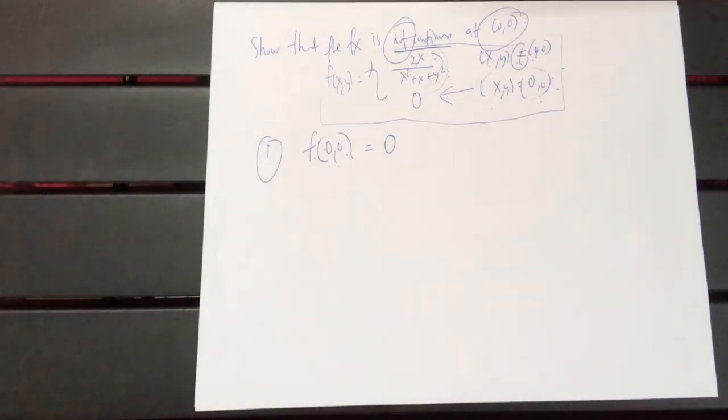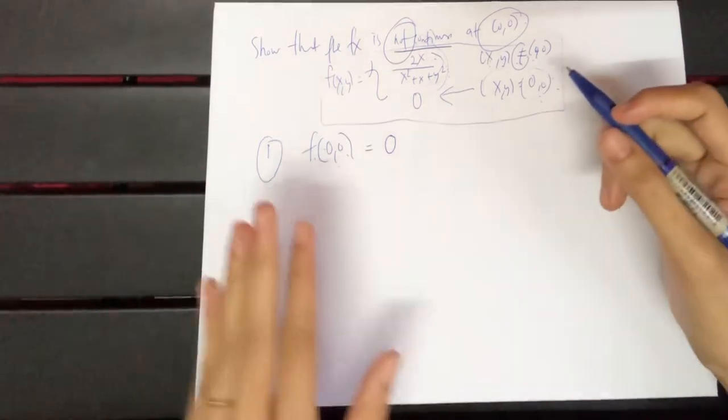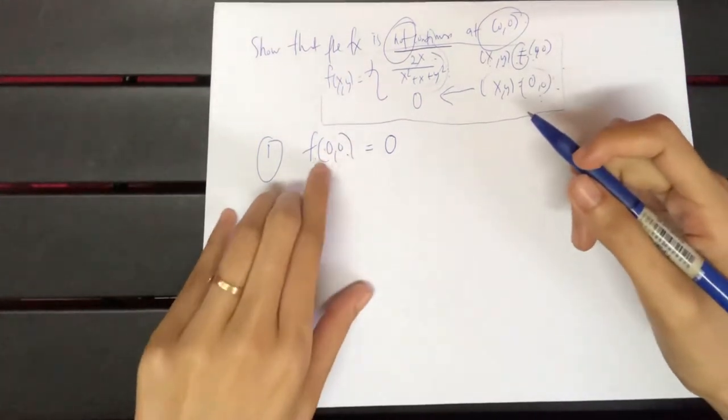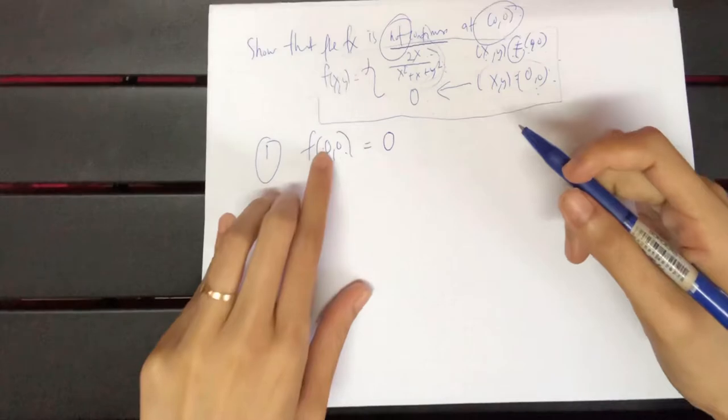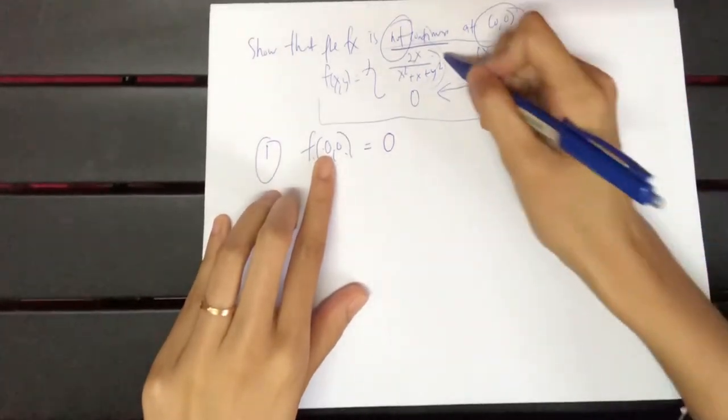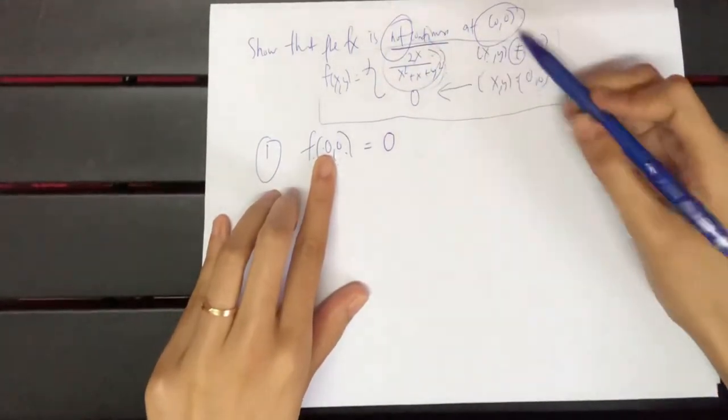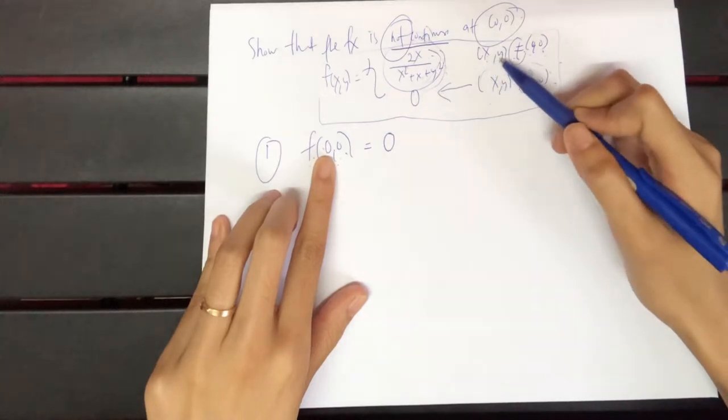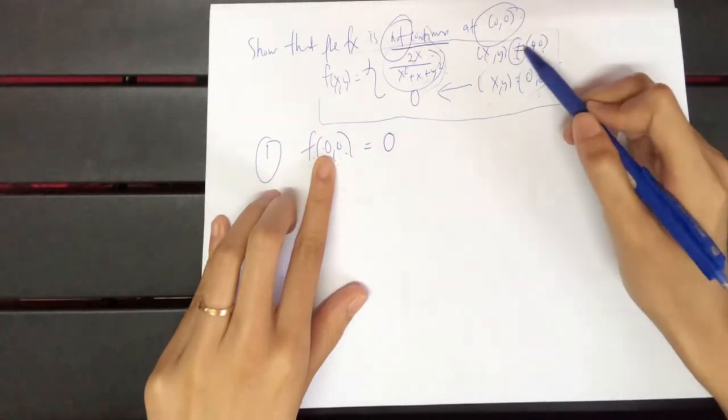If you feel you don't understand, you can repeat this video again. So that's what I mean. This is exactly (0, 0). When it is exactly (0, 0), you cannot choose this function, because this function means that (x, y) is not equal.